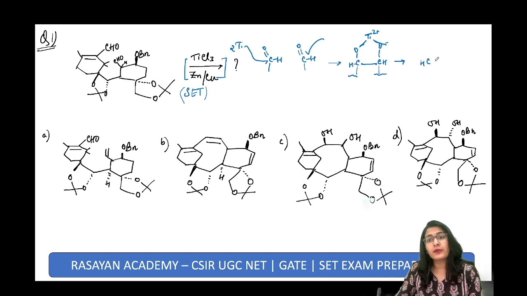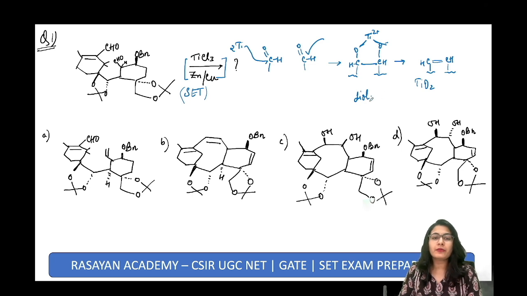So it is actually going to just take away the oxygen and become TiO2, titanium dioxide, and what remains is this, that is, you are getting a deoxygenated pinacol. It seems so because pinacol has a diol. So from here if we hydrolyze, we are going to get a diol.